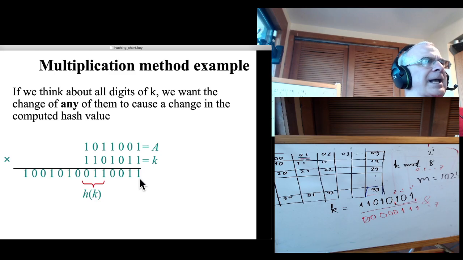Let's say that I need 3 digits. My table is of size 8, so I need 3 digits because I want a number between 0 and 7. If I take only the last 3 digits, that is, do modulo 8, what happens then?